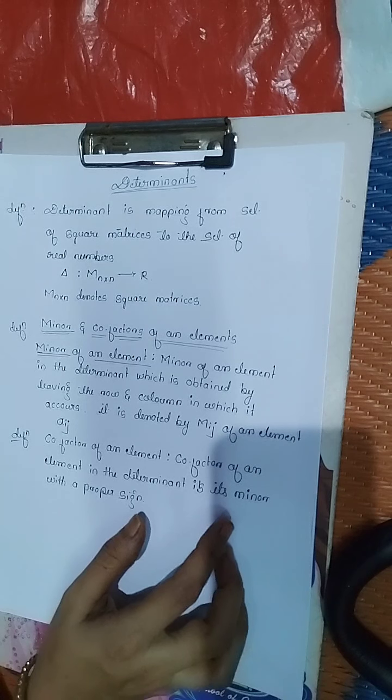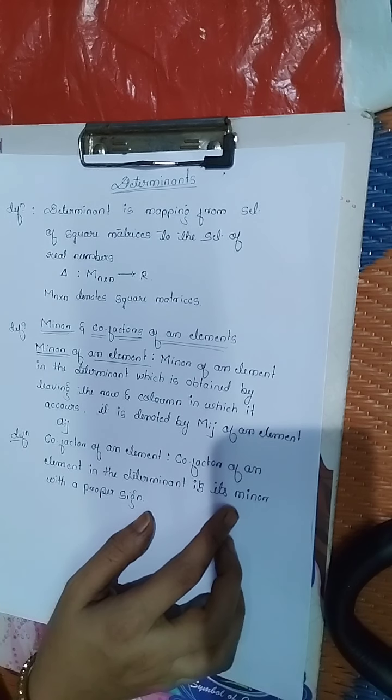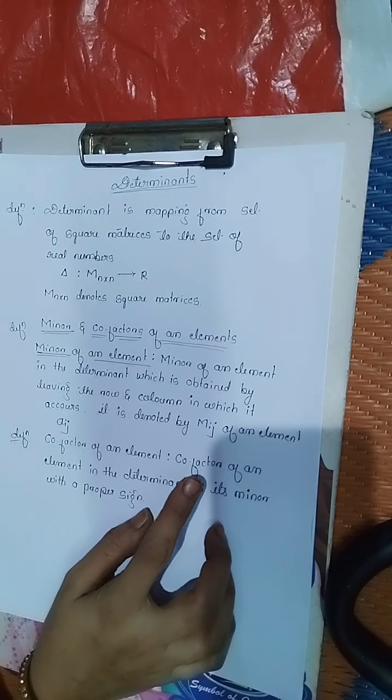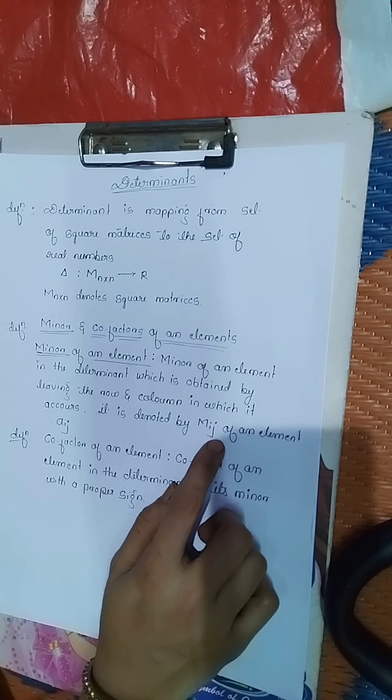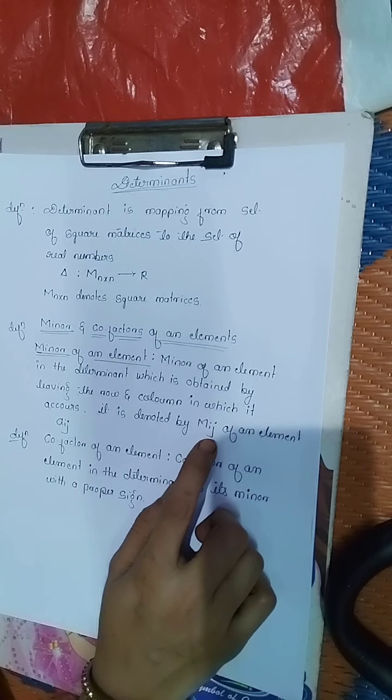Here i denotes the row and j denotes the column, so minus 1 to the power i plus j depends on which row and column we are considering.